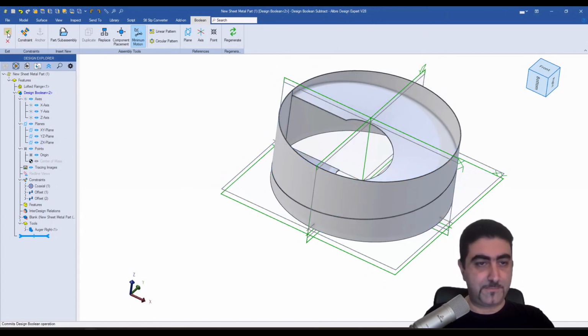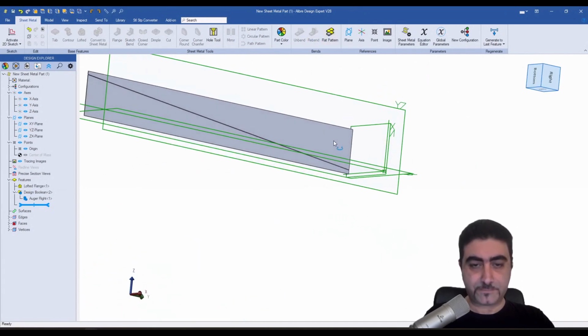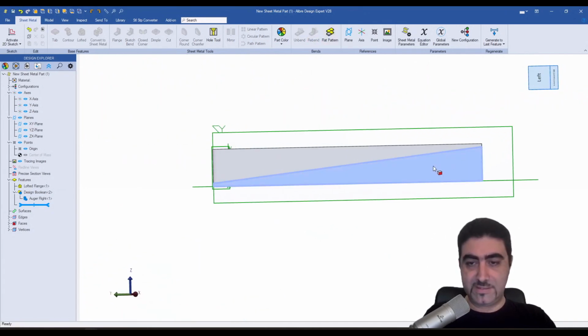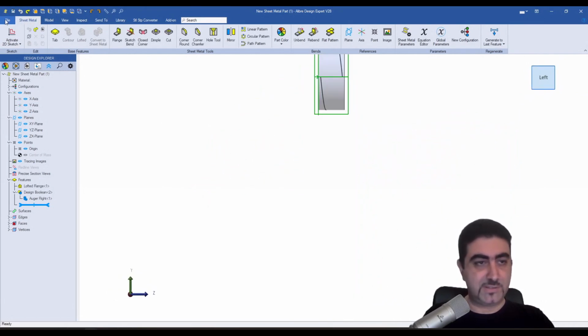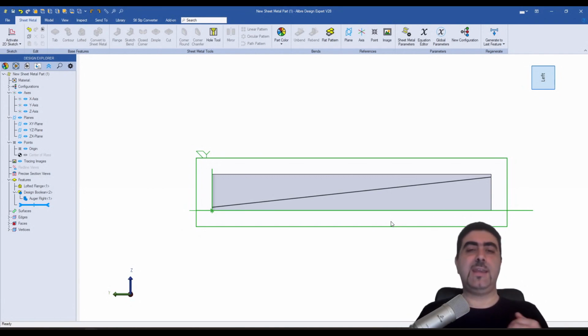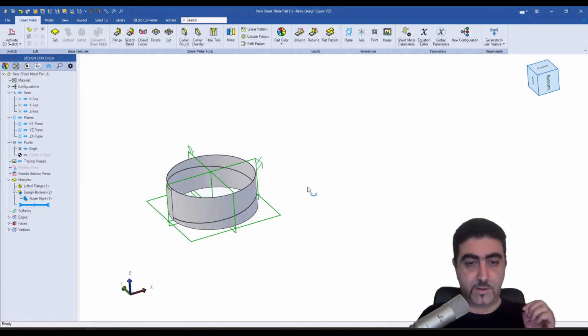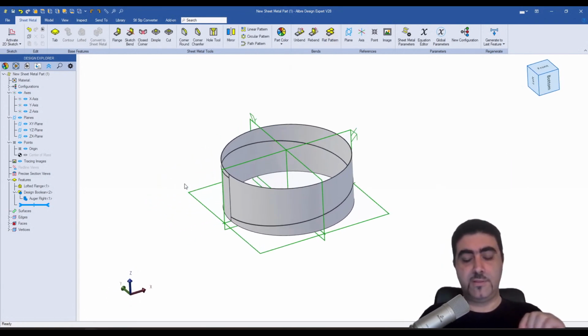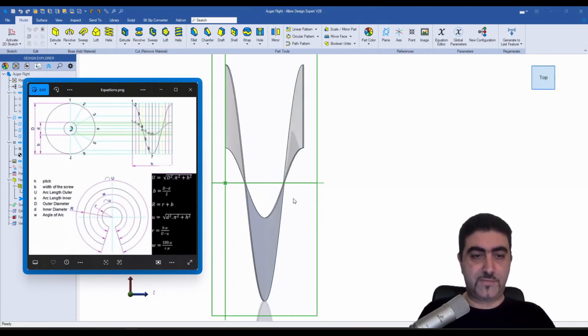And now, when I get my flat pattern, there you go. So this is the visualization of what we just did. And that's why you can get the length of the trace of that auger flight from this.